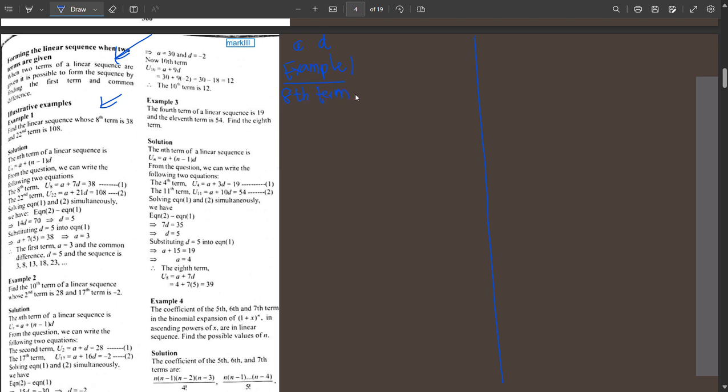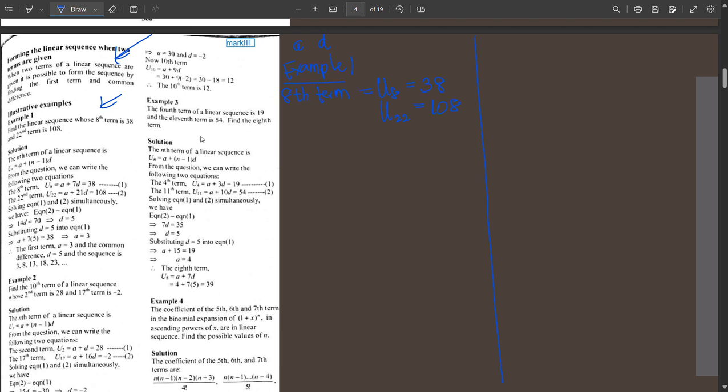Eighth term we learned is represented as u of 8, and that is 38, right? And the 22nd term, that would be u of 22, that is 108. Find the linear sequence. They want us to find the numbers, at least you write 4 of them, then you follow it with the 3 dots, right?